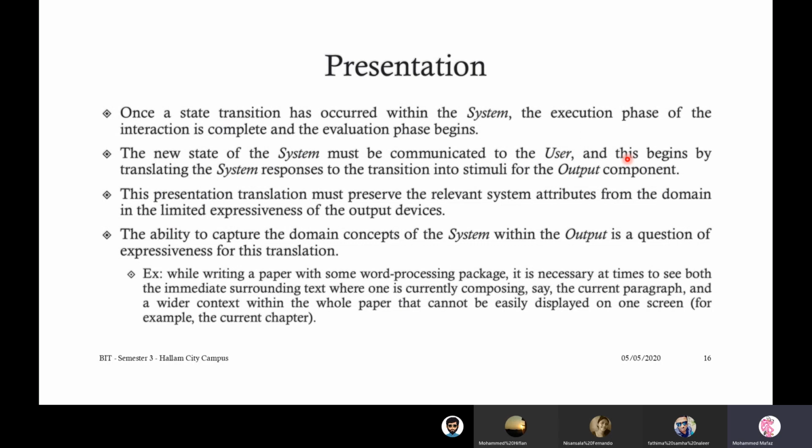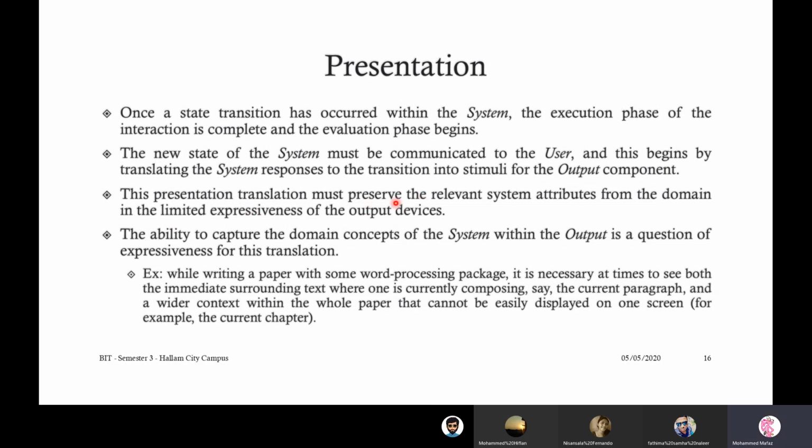So the rendering part is very important. Even if you have a proper system that's producing the output, and your output device is not supporting it, here it could be any of the other output devices I'm talking about, depending on the scenario. If it is unable to support that, then you have an issue with that part of the translation from system to the output.